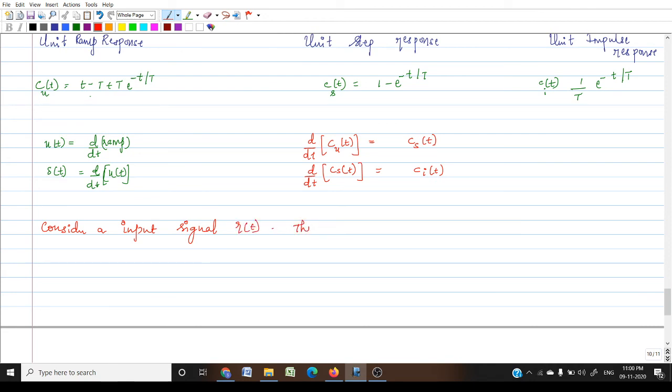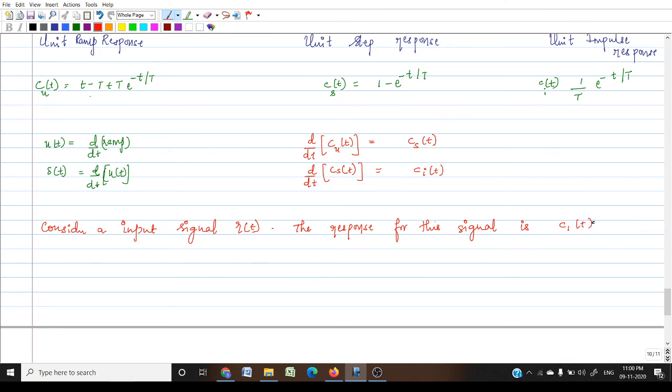The response for this input signal is C1 of t.